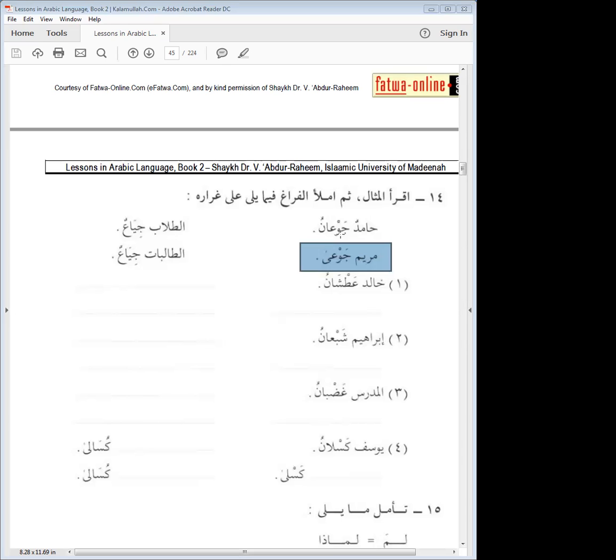It's not random, there is a particular rule for that, but we will do that later when dealing with weak verbs and nouns with weak letters in them, inshallah.